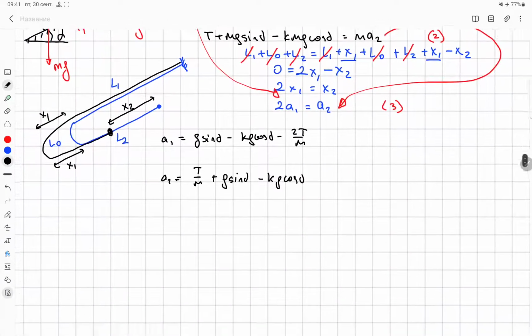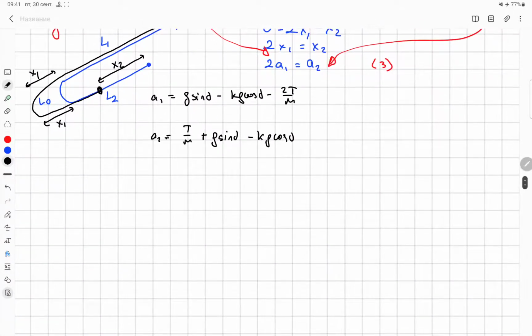So now we will take it into equation number 3. 2a1, we need to multiply this part by 2. So basically 2g sine alpha minus 2kg cosine alpha minus 4T over m equal to a2.